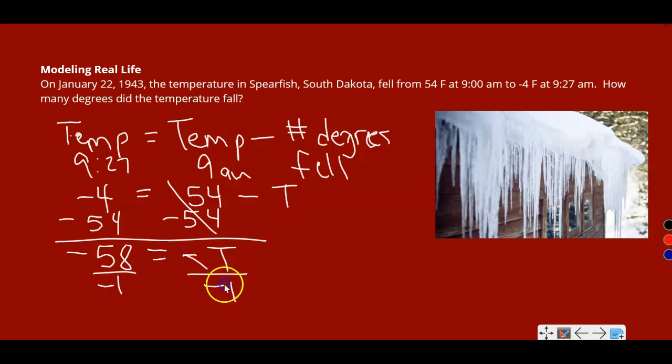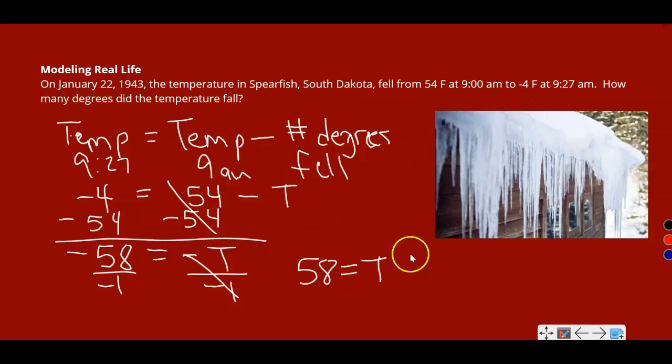Anything divided by -1 is just going to change the sign. So -58 divided by -1 is just 58 equals T. So how many degrees did the temperature fall? The temperature fell 58 degrees in a mere 27 minutes.